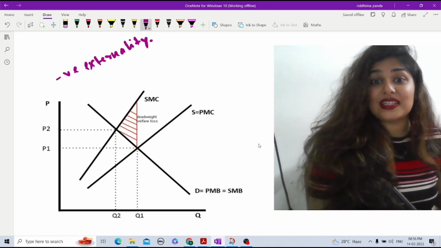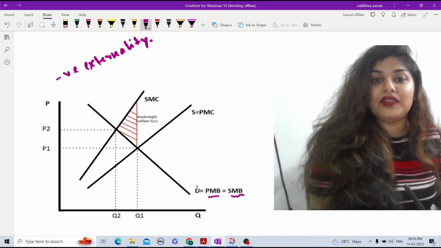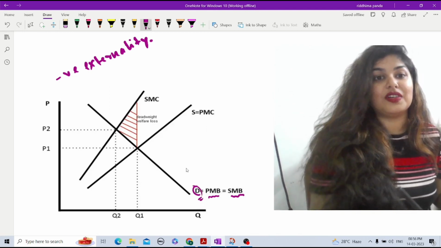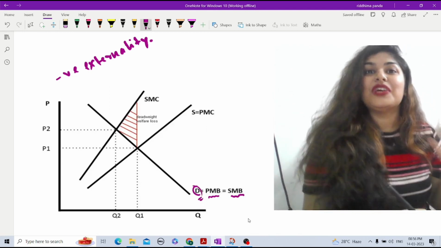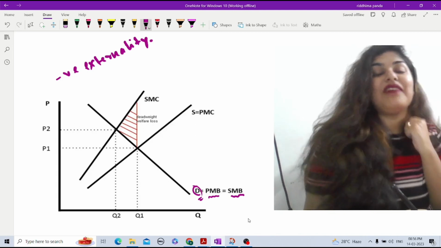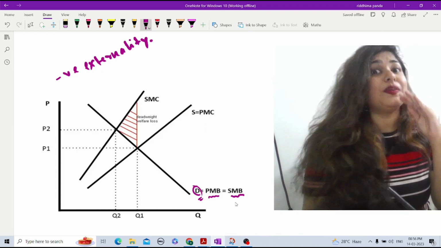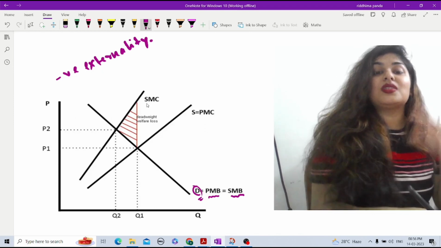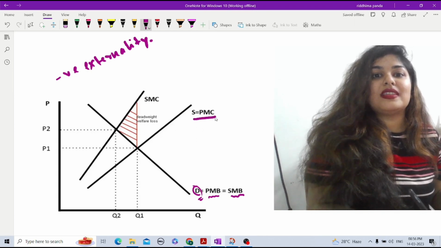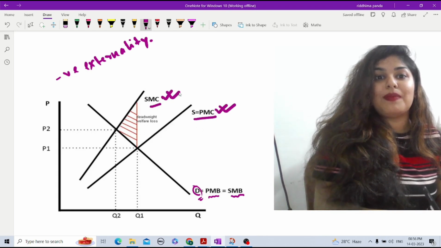The private marginal benefit and social marginal benefit are denoted by the same, that is the demand curve. So we have one single demand curve which represents both the social marginal benefit and the private marginal benefit. But the supply curve, that is the marginal cost curve for the private and the social, is different. So this is our private marginal cost curve and this is our social marginal cost curve.